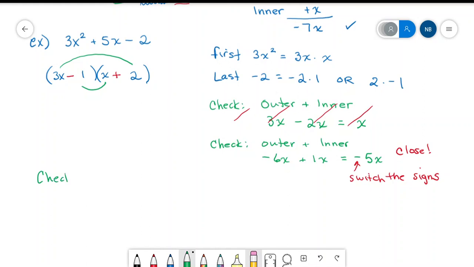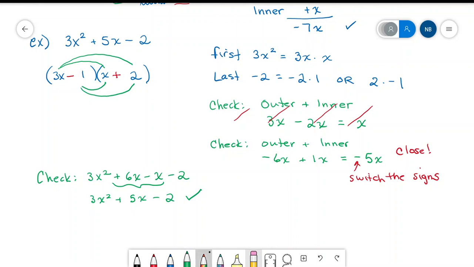So check. 3x times x is 3x squared. 3x times 2 is +6x. -1 times x is -x, and -1 times 2 is -2. Combine the like terms in the middle, and you get 3x squared plus 5x minus 2, which is what we were looking for. So our factorization, 3x minus 1 times x plus 2, is correct.